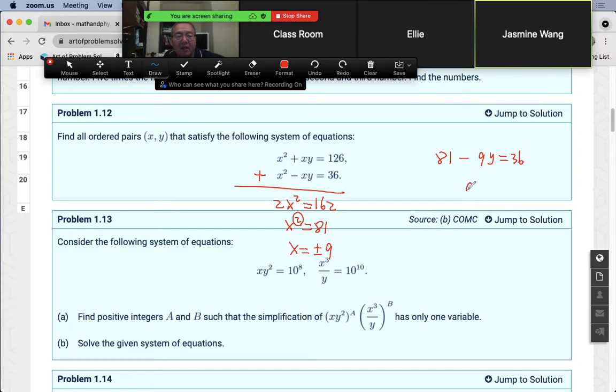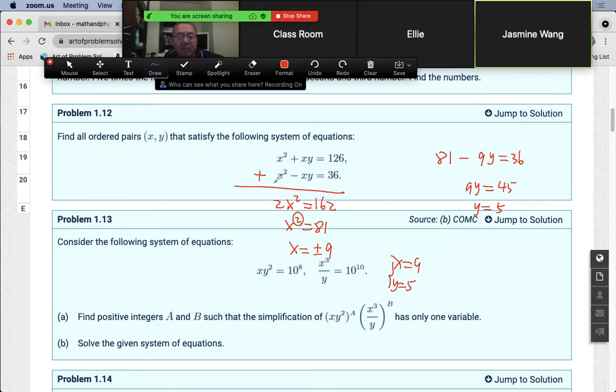So you get 9y equals 45. Both sides divided by 9, you get y equals 5. If x equals 9, you get y equals 5.